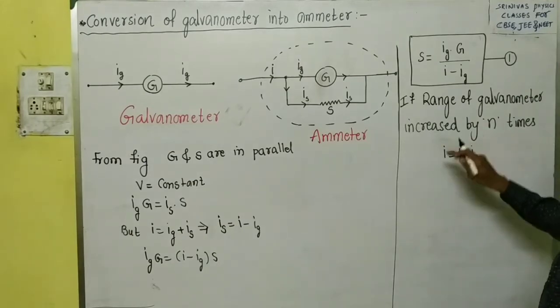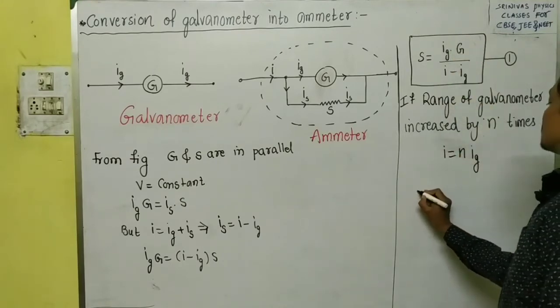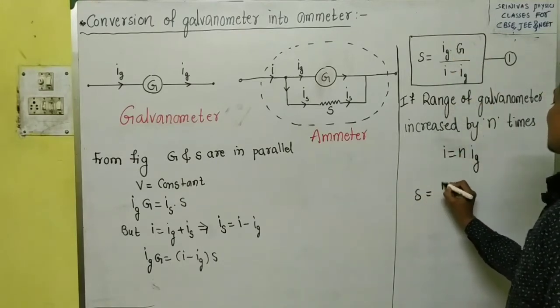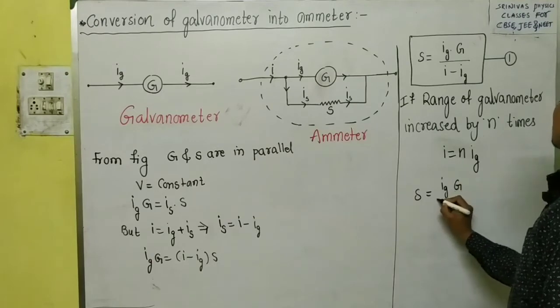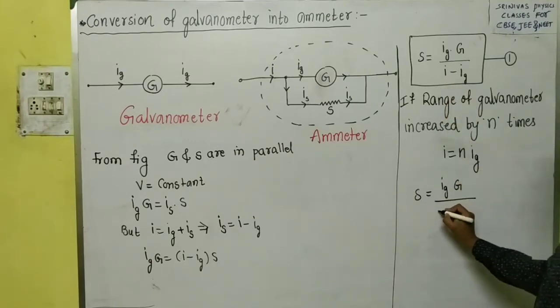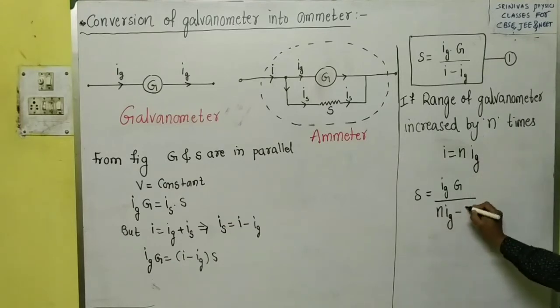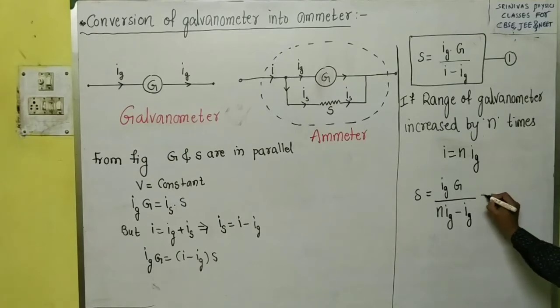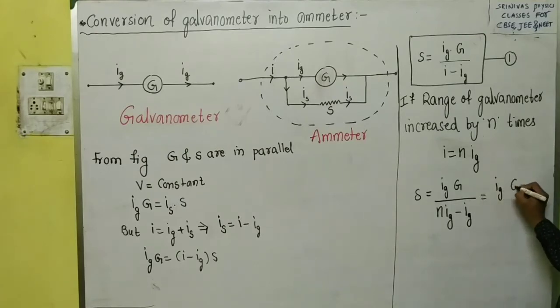From this we can substitute this equation in the above equation. Then from equation 1 we will get S is equal to Ig G by n Ig minus Ig, okay. And here Ig is common in the denominator. Then we will get n minus 1 into Ig.